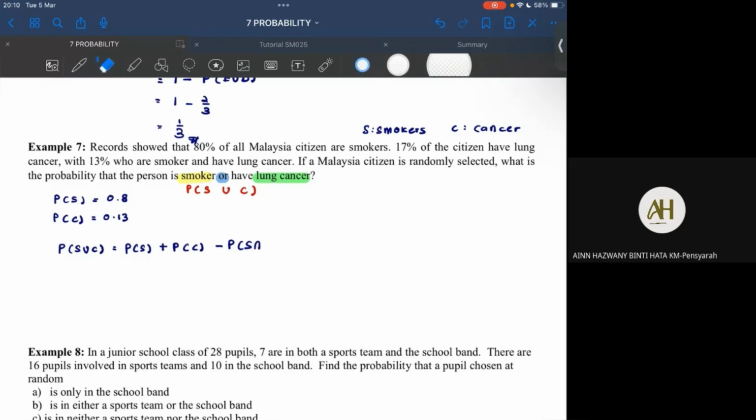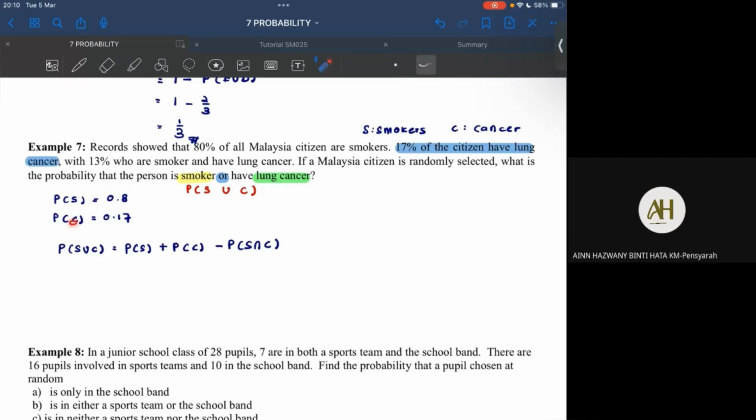Sorry, sini 0.17. 17% kan? PS intersect C. Okay. So macam mana kita nak cari PS intersect C dekat sini? Sorry, saya tak baca ayat dia habis. 17% of the citizen have lung cancer. Okay.